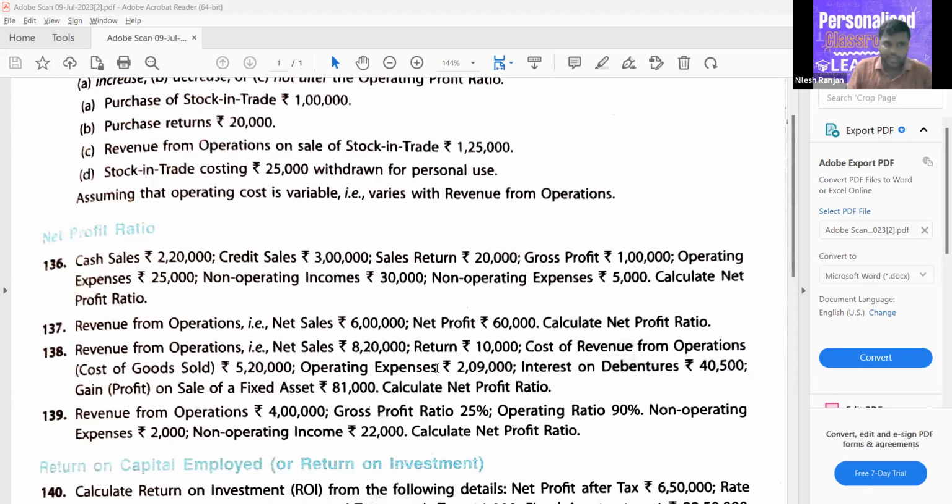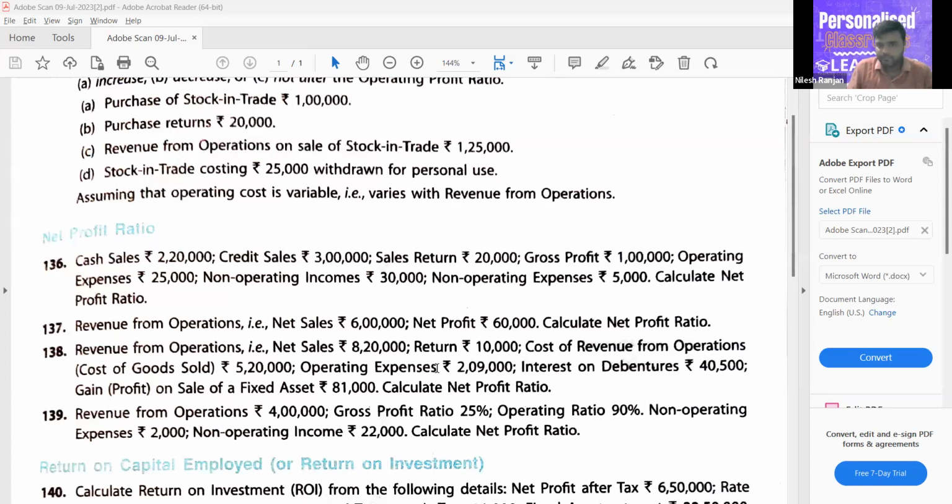So return on capital employed. The formula, can you tell me? Yes, sir. It's net profit before tax and interest divided by capital employed. Very good. Net profit before interest and tax divided by capital employed.